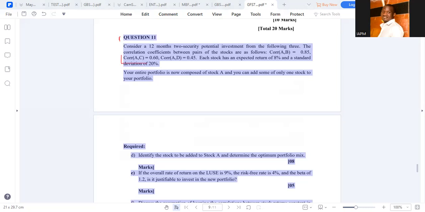Yes, the answer is correct, but I don't know how you guessed it. You're just looking at it? No, because remember in the previous question, you explained what correlation means and its effect on diversification. So here, what I looked at is just the correlation for AB, AC, and AD, and the lowest there is AD.